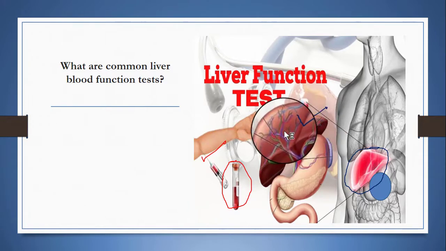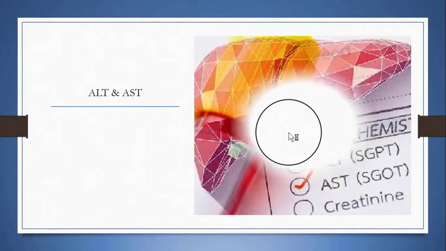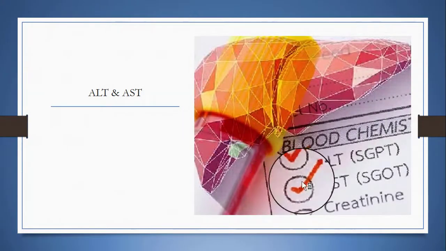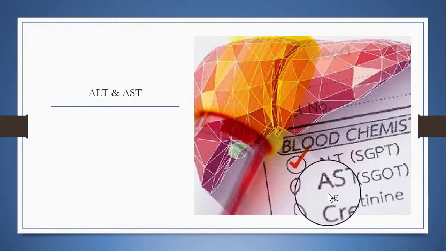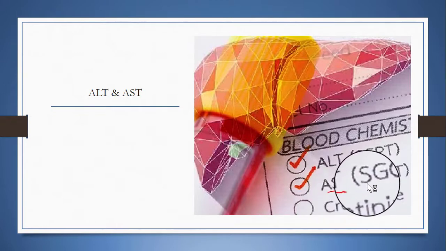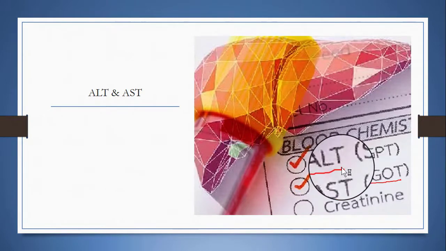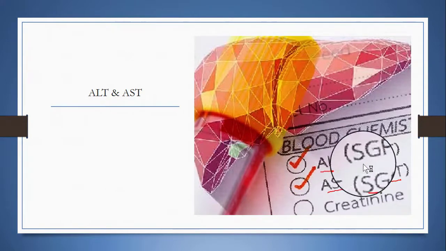Enzymes are proteins that are present throughout the body, each with a unique function. Enzymes help to speed up reactions, that is catalysis, and they include ALT and AST. AST means aspartate aminotransferase, or you can say SGOT. The second one is ALT, that is alanine aminotransferase, or you can say SGPT.